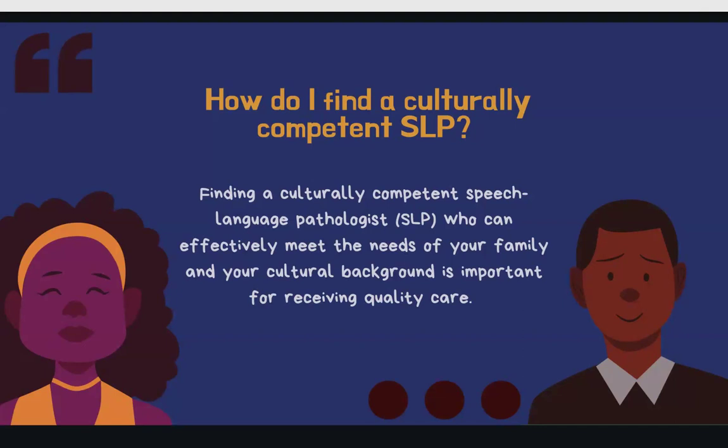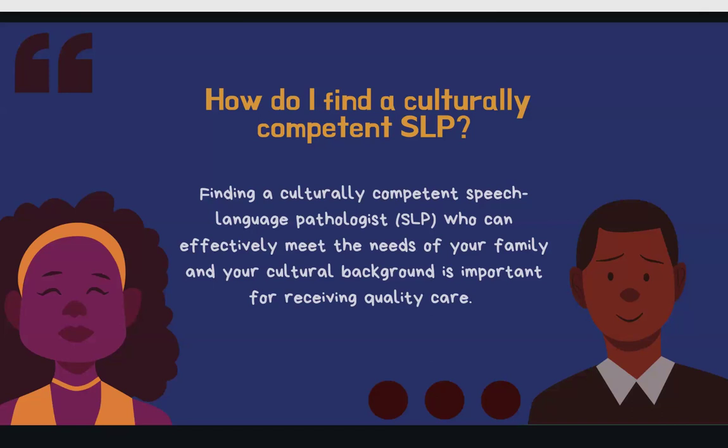You can ask for referrals from your primary care providers, pediatricians, school professionals, other community organizations, and more than likely, a friend or a family member might have some information. Ask these different individuals what their experience was like in working with that speech pathologist.